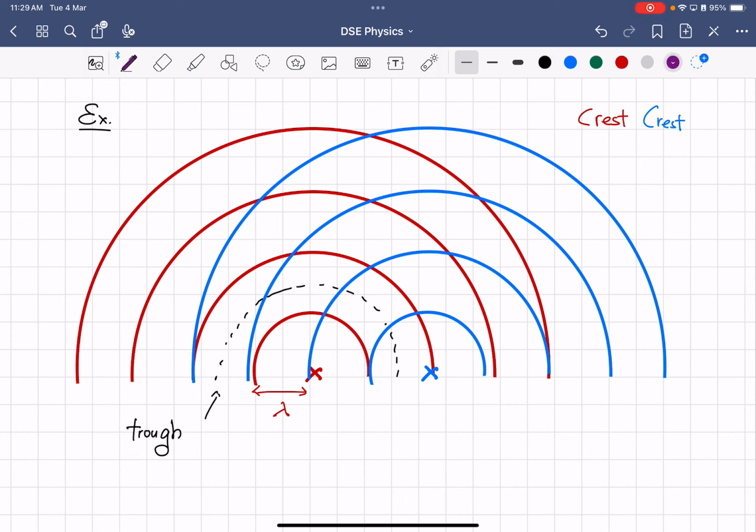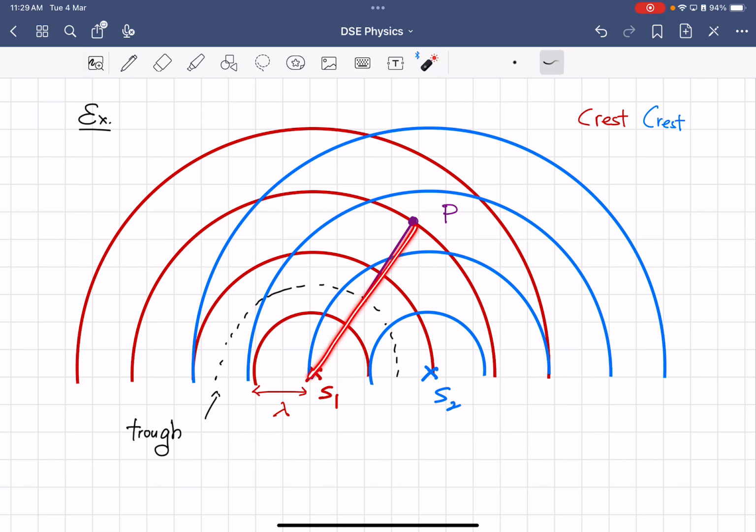Usually what they do is give you a point. Let's say a point here, and call it point P. Then you need to deduce whether you have constructive or destructive interference at point P. The way I do it: I denote this as S1, this as S2.